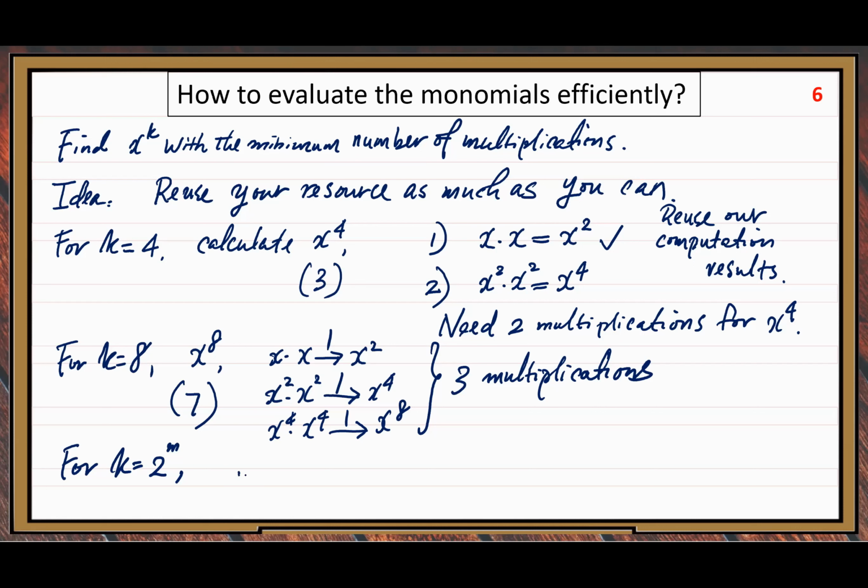Okay. And multiplications. But if we use the old way, okay? If you do not use the repeated squaring technique, if you use the old way, right? How many comparisons do you need to use?